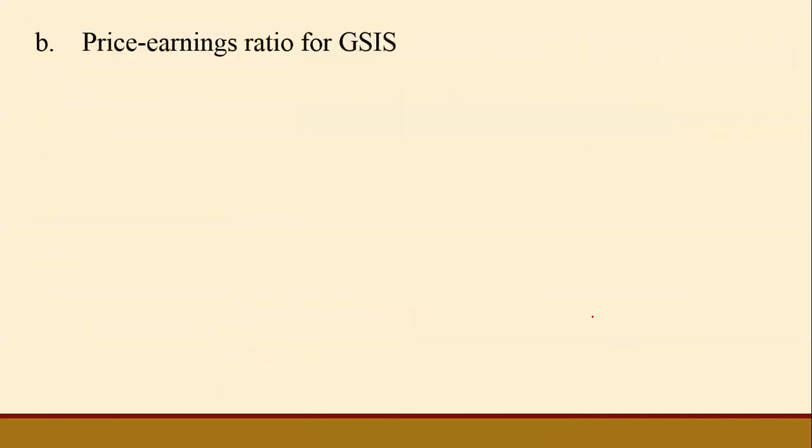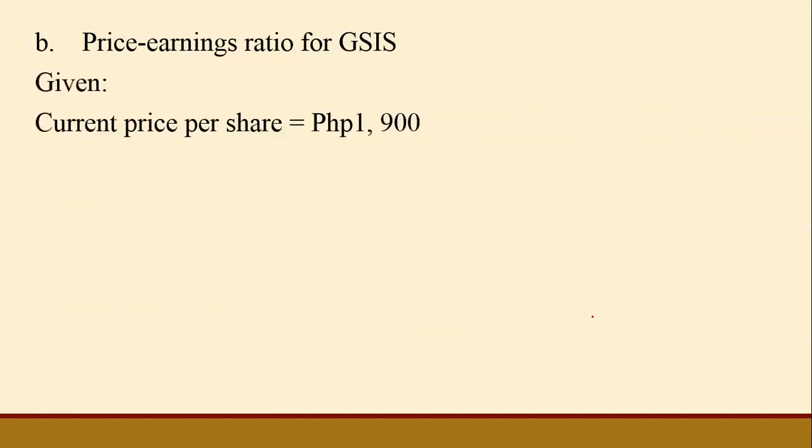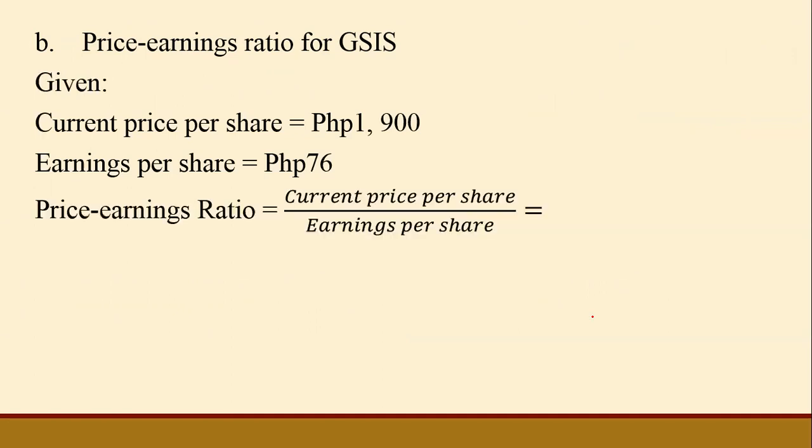And for letter B, the price earnings ratio for GSIS with the given current price per share and earnings per share. Substitute the values: 1,900 over 76, which is equal to 25.